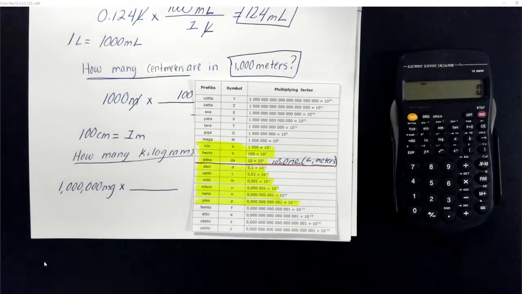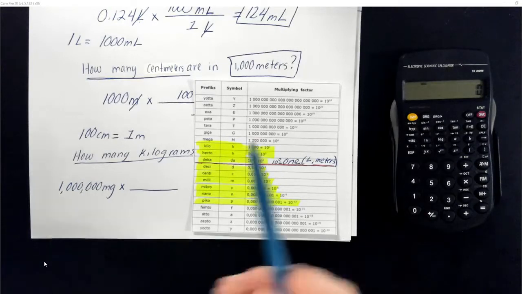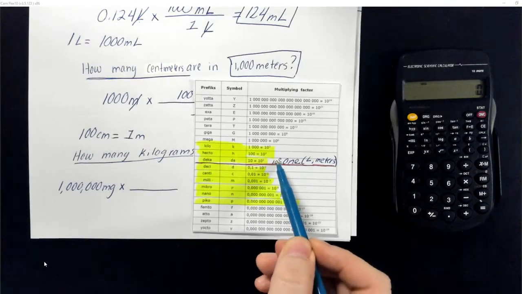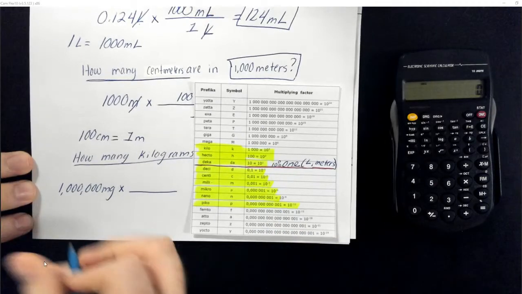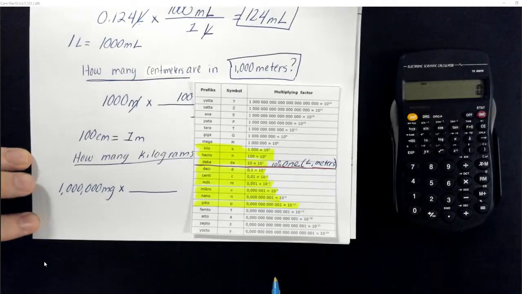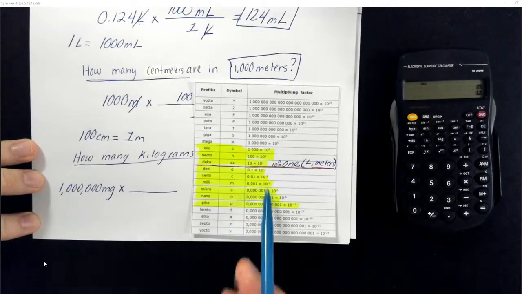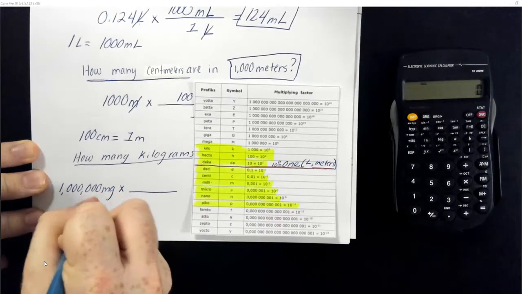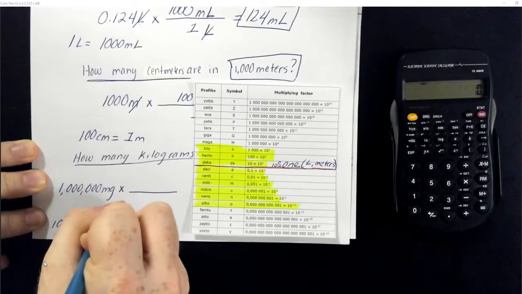So what is the conversion factor here? I need to take milligrams to the base grams, just regular old grams first. So I need to go from milli to base. So how many milligrams are there to 1 gram? Well, milli is 1,000, so there are 1,000 milligrams is equal to 1 gram.